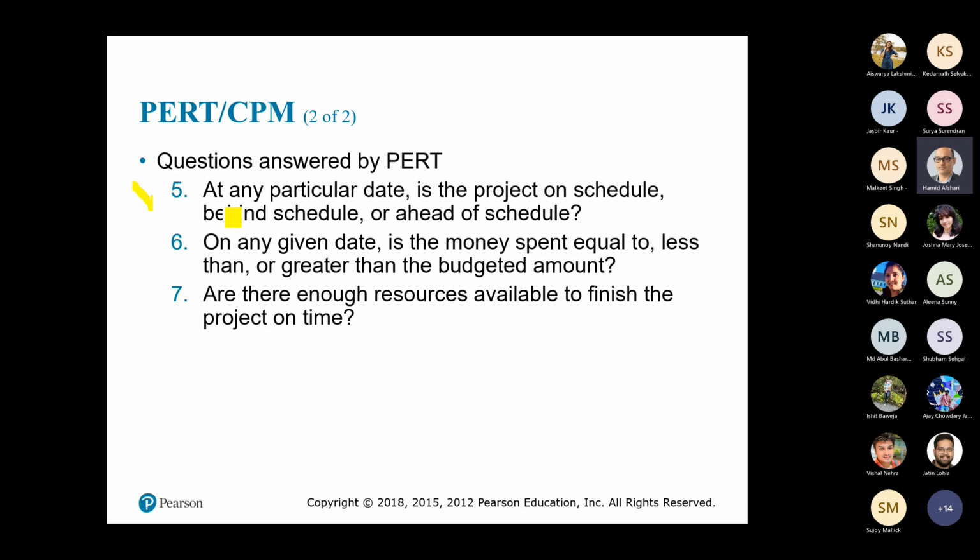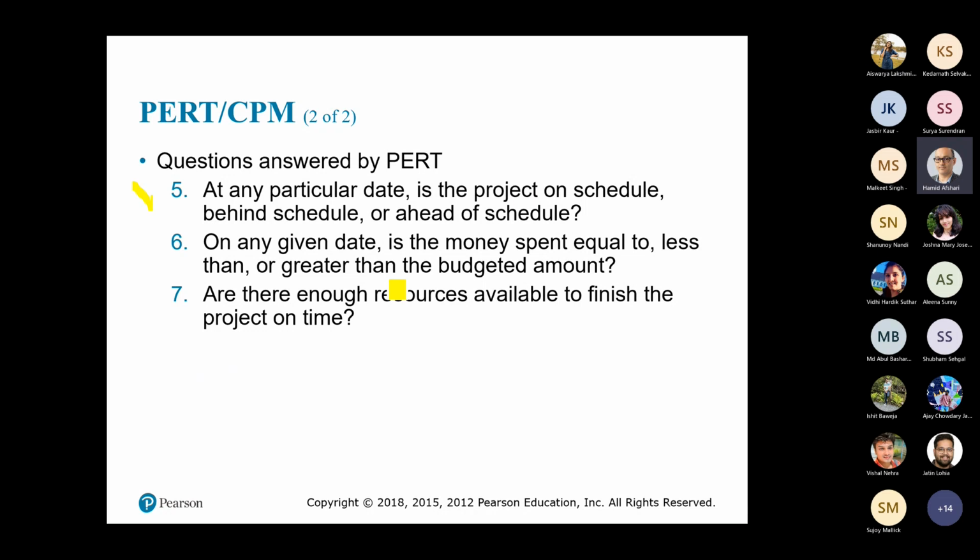So you want to keep your eye on projects and make sure that they are doing on time. And if they are behind schedule, how can you make it faster? How can you crash the project? If you are ahead of time, or ahead of resources, what else can you do? Number 6, on any given date, is the money spent equal to, less than, or greater than the budget amount?